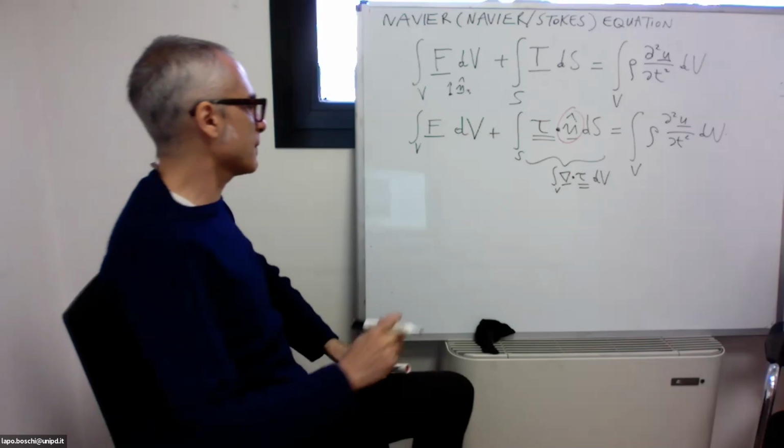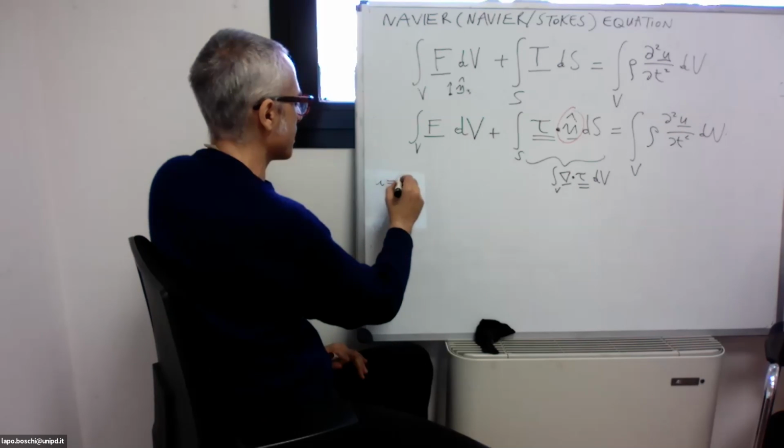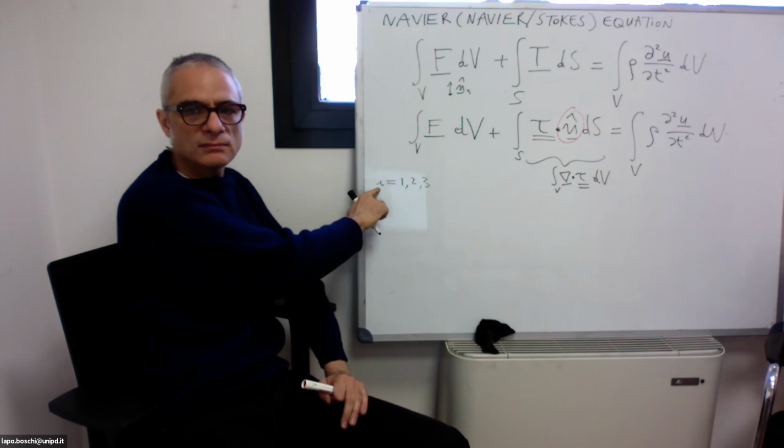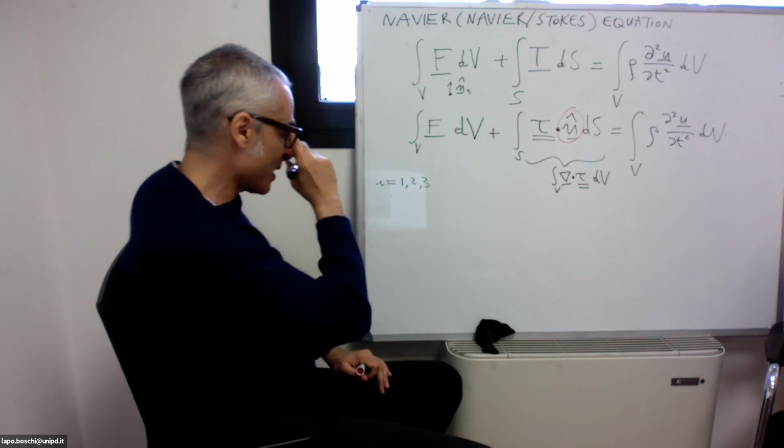Let's write it component by component. These actually represent three equations, one for each component. I use the lowercase symbol i to distinguish the components from one another.